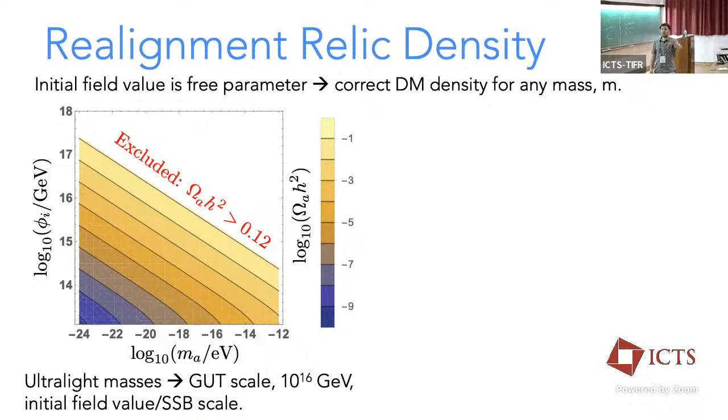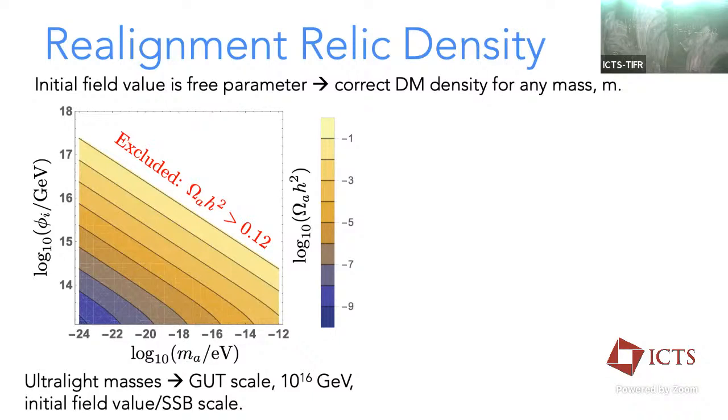Right, so if this field is stable, I have to make sure that it does not dominate the energy density until matter radiation equality. And that means that I can work out what the energy density is today in terms of my two parameters, which is the initial field value, which I'm measuring in GeV, and the mass, which I'm measuring in eV.